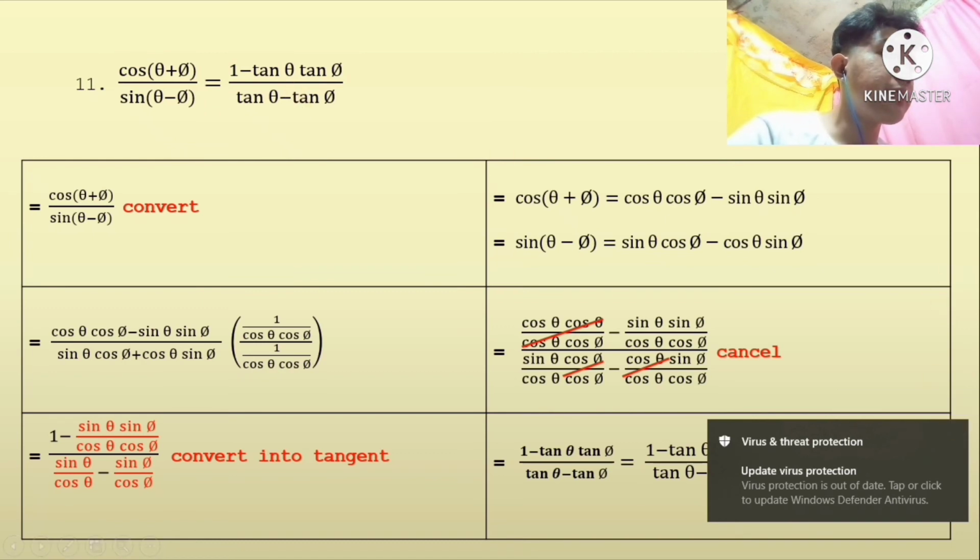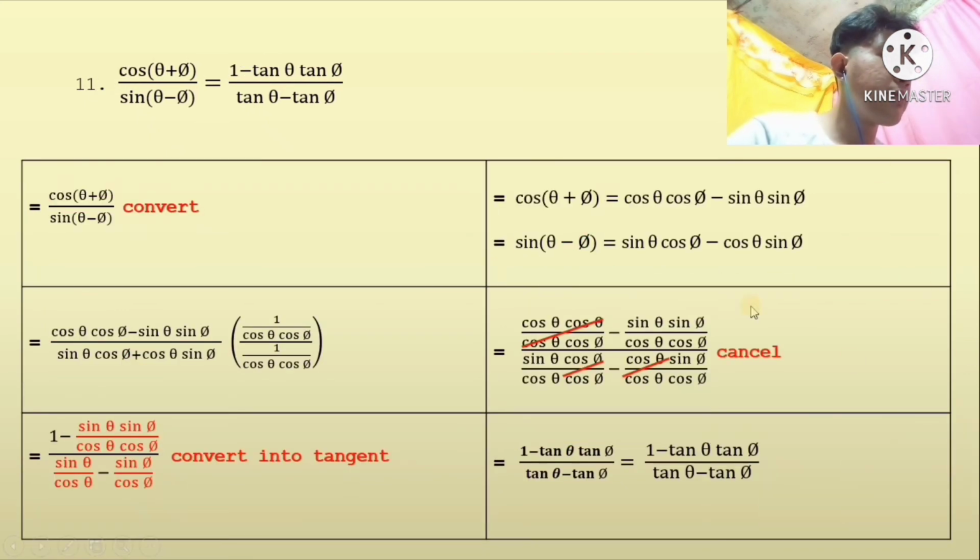So convert cosine of (theta plus phi) into cosine theta times cosine phi minus sin theta times sin phi, and convert sine of (theta minus phi) into sin theta times cosine phi minus cosine theta times sin phi.